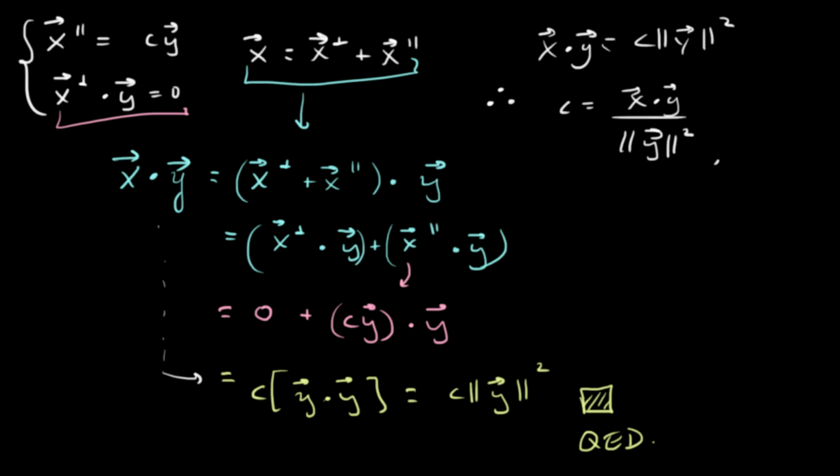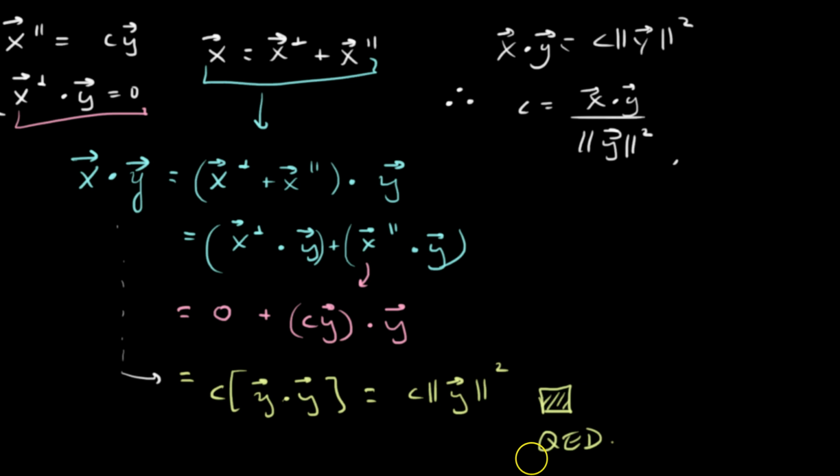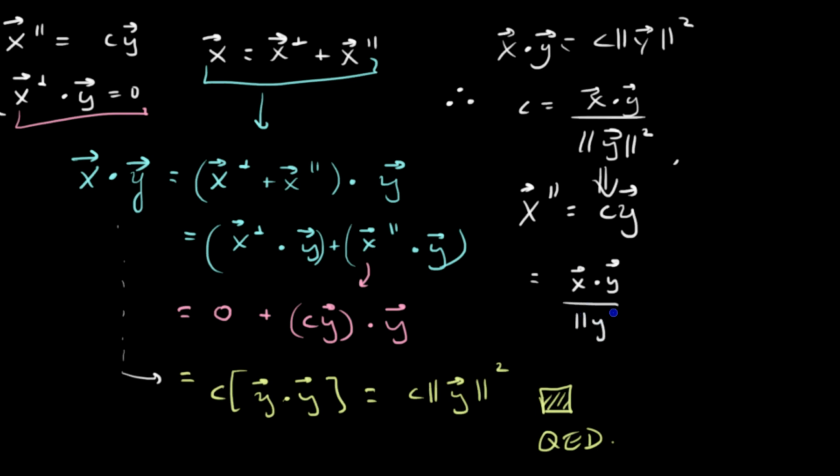And this is important. Why? Because now let's notice x parallel. We said that x parallel was some scalar c times y, right? And what's c? We're going to plug it back in. So c was x dot y over magnitude of y squared, times this y over here.